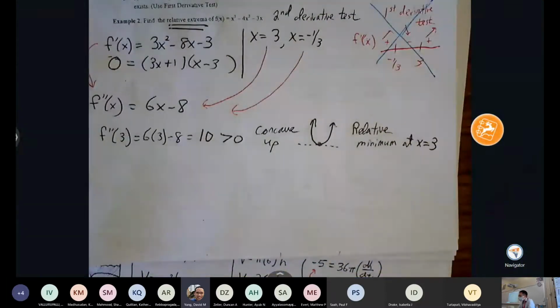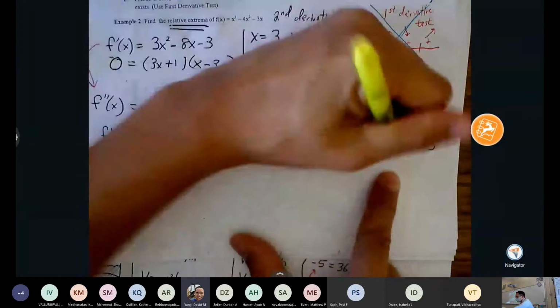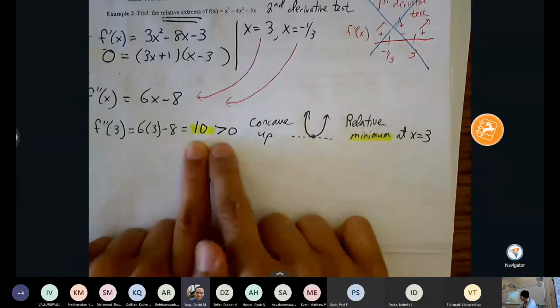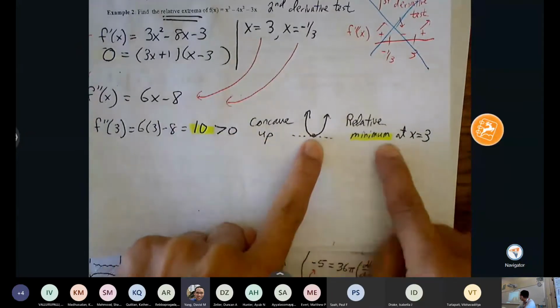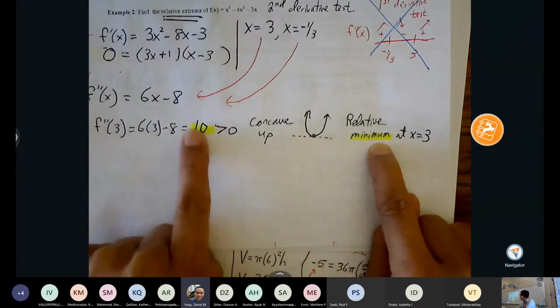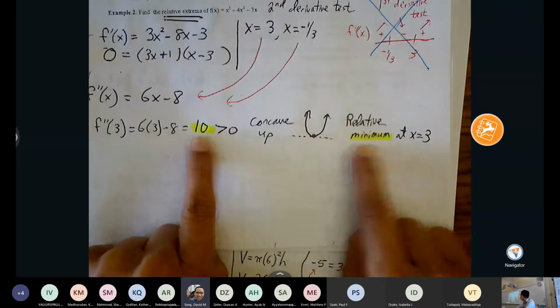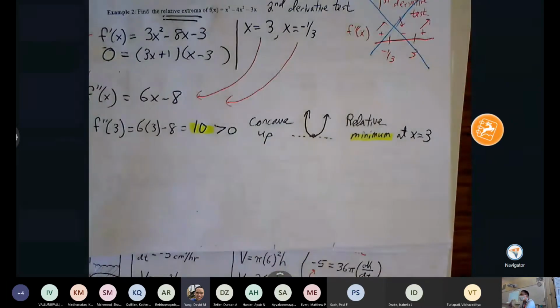It's a tough jump if you're just looking at that 10 and trying to conclude that it's a minimum. But if you connect the fact that concave up looks like this, it's a lot easier to convince yourself it's a relative min. Otherwise, if you're just looking at that 10 and thinking positive, you're going to say maximum. It's easy to get these mixed up. Does that make sense?